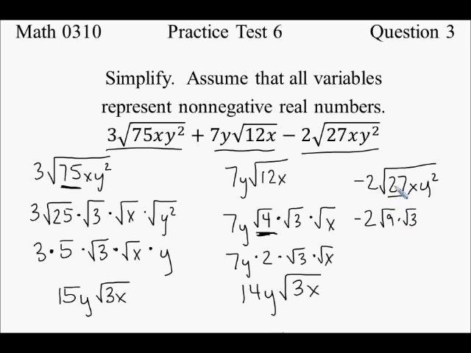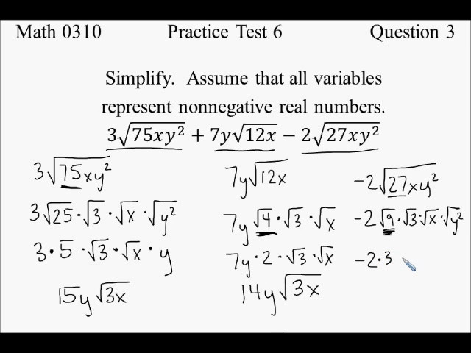And then as we did over here with xy square, we see we have xy square again, so this is going to become square root x. This is going to become square root of y square. And so now we look here, we know the square root of 9. It's a perfect square there. So the square root of 9 is 3, so this becomes negative 2 times 3.